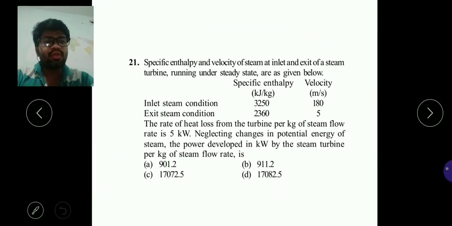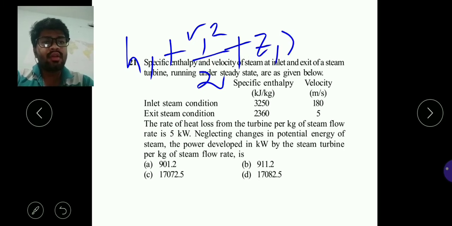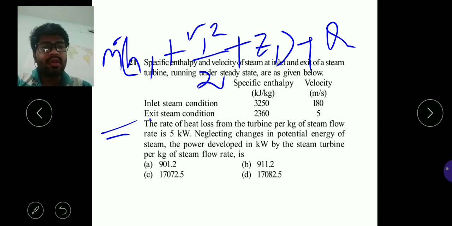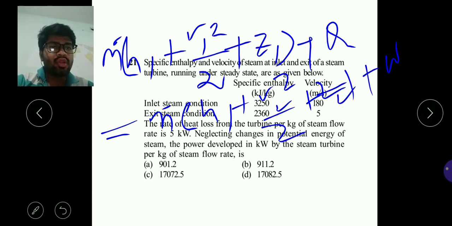As it says, it is the steady state condition, so we know the steady flow energy equation: m dot times (H1 plus V1 square by 2 plus Z1) plus Q will be equal to m dot times (H2 plus V2 square by 2 plus Z2) plus W. Here potential energy is neglected, so the Z1 and Z2 terms will be neglected.